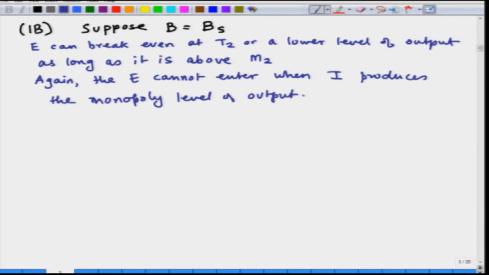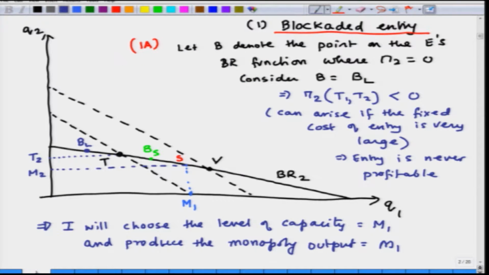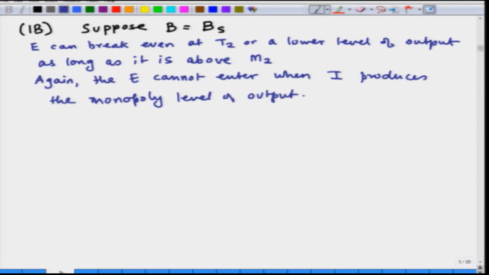Here the fixed costs are not as large as they were under the case of blockaded entry, but they are still substantially higher, so that it becomes equal to 0 at some point between T and S, but the incumbent is still finding it optimal to produce the monopoly level of output, choose the monopoly level of capacity at K1 bar and thereby deter entry.